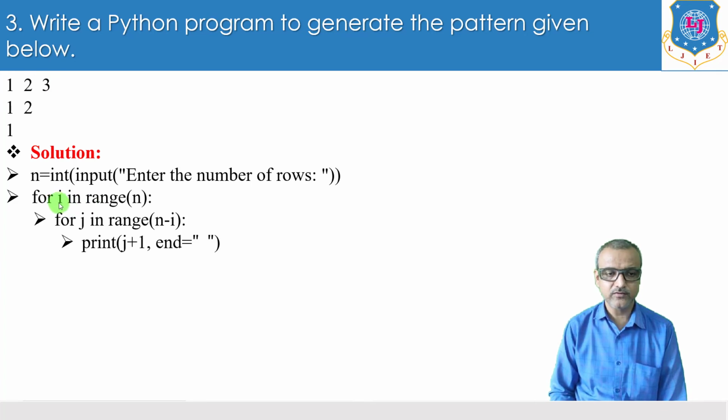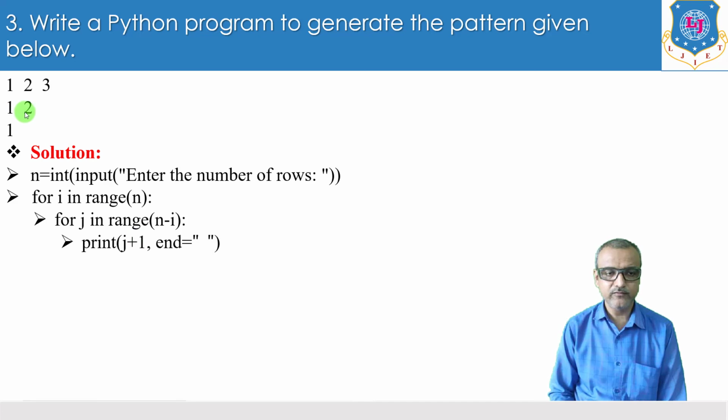Now for the next iteration, i will become 1. And here the value of n is 3. So 3 minus 1 is 2. So the value of j will become 0 and 1. So 0 plus 1 is 1, 1 plus 1 is 2.